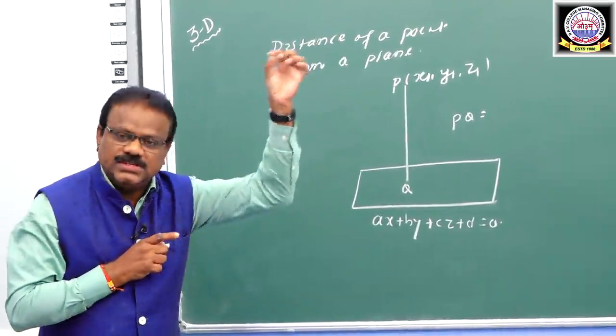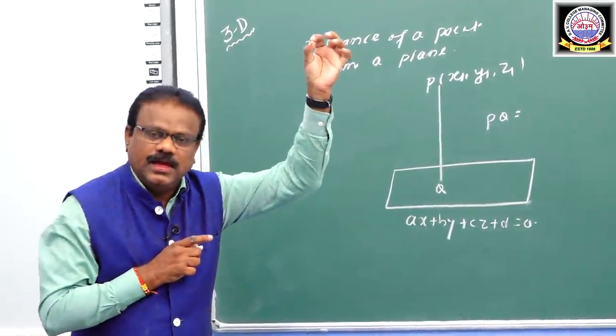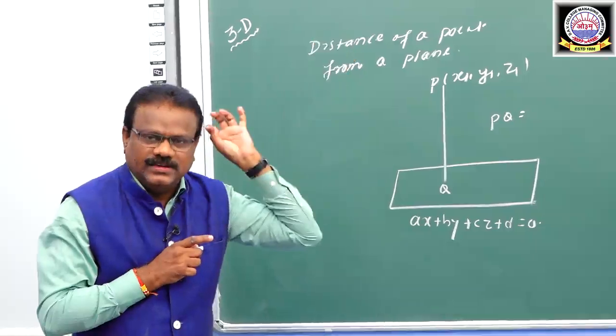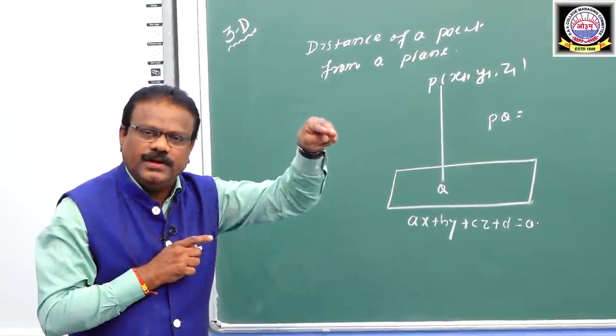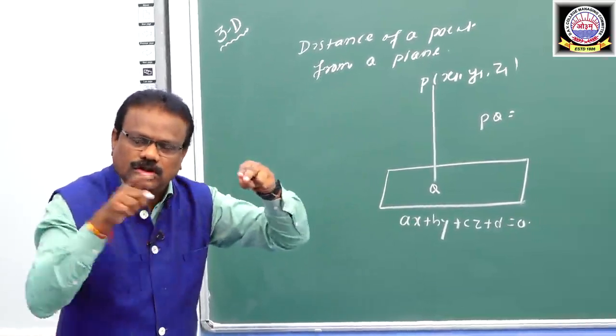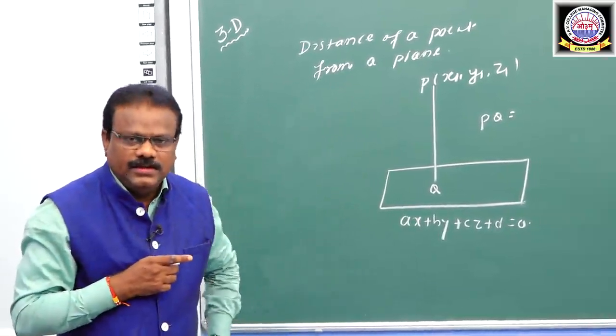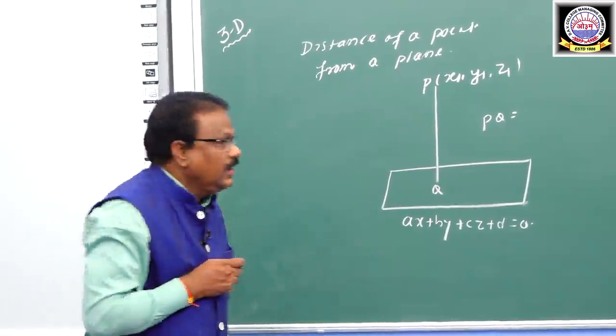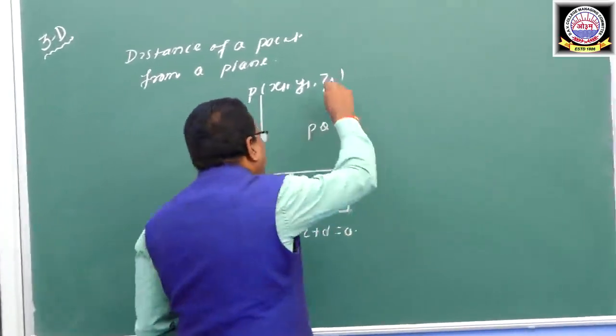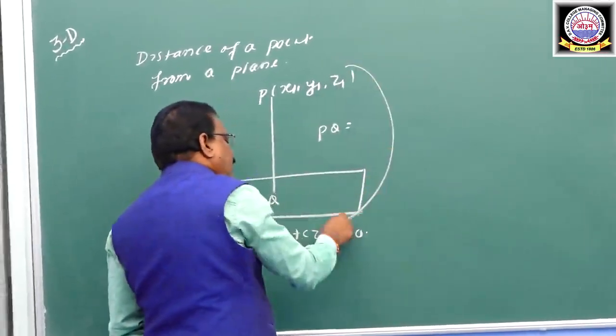Recall the distance formula from class 11: we put the point x1, y1 in the line, divided by the square root of a square plus b square, the coefficients of x and y. Exactly similar here: put the point on the plane.